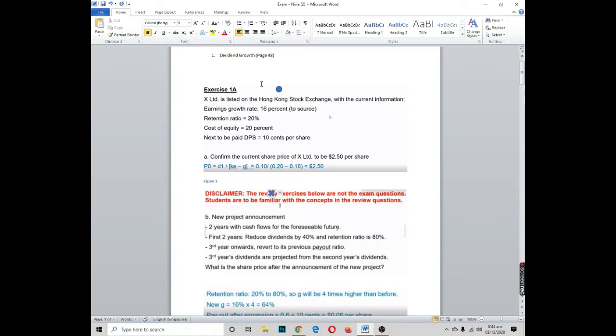So here we use the dividend constant growth model.